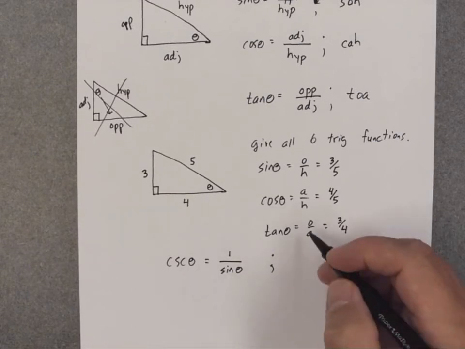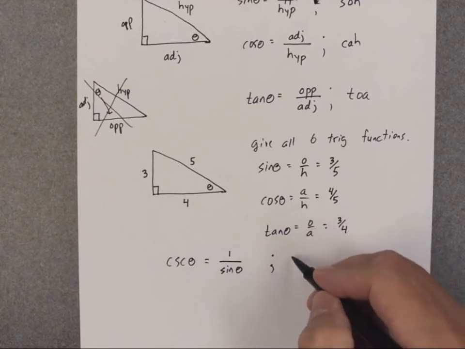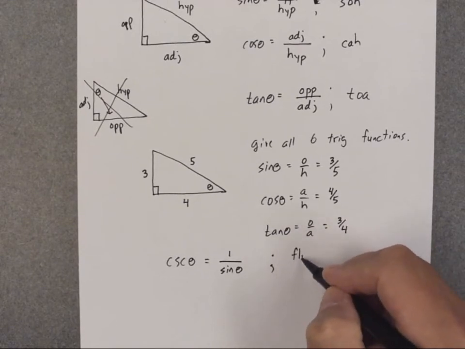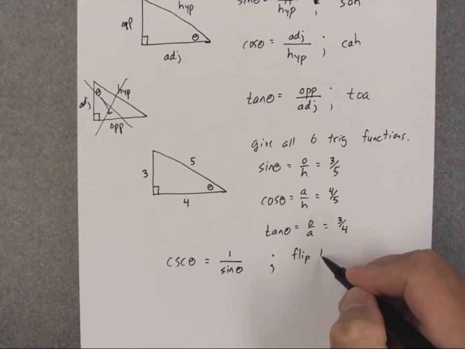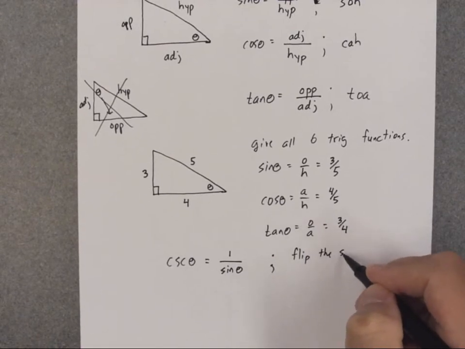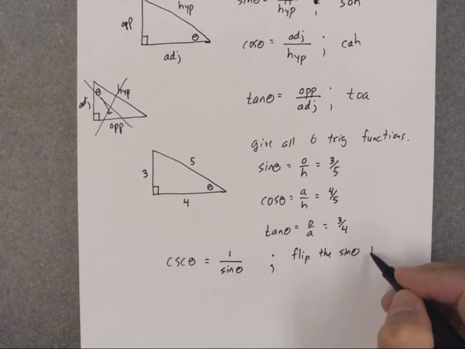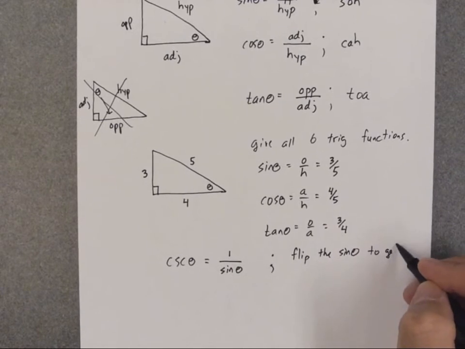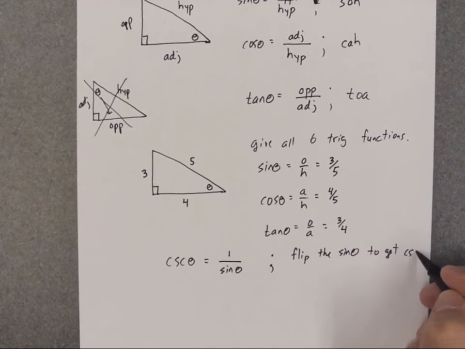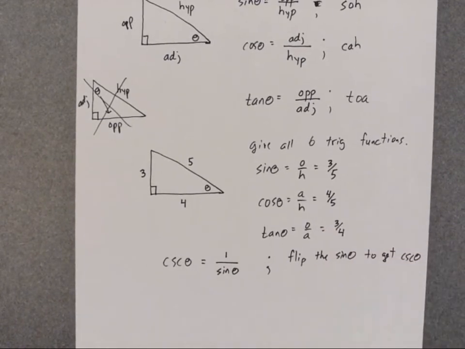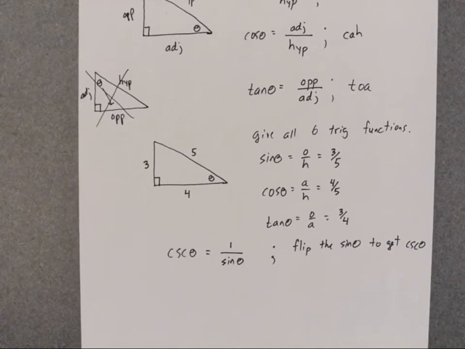Let me write that down. Flip the sine of theta to get the cosecant of theta. That's what it means when you have an inverse.